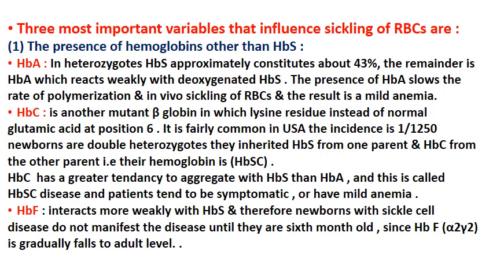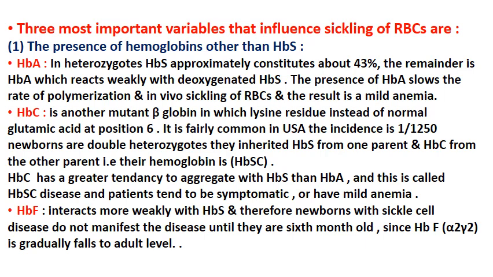This is logical, because 43% of the blood hemoglobin is hemoglobin S, while the remainder is hemoglobin A. So this leads to slowing of the rate of polymerization, and therefore of sickling of RBCs, and this results in mild anemia.